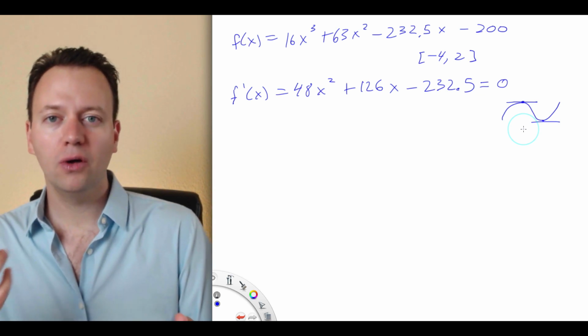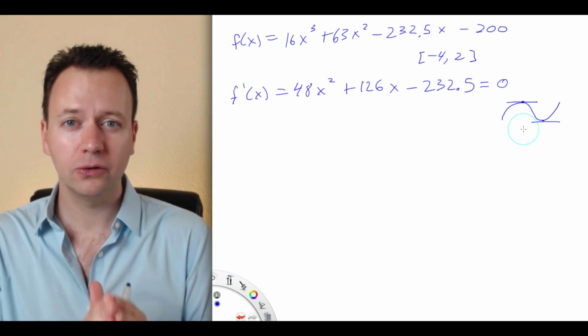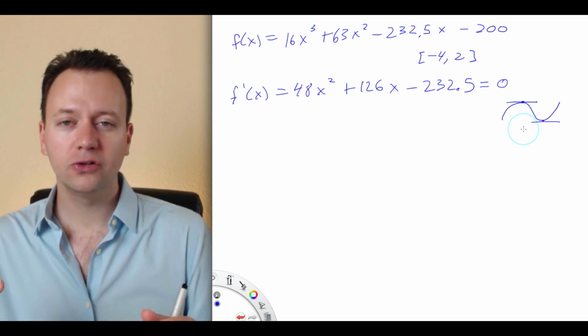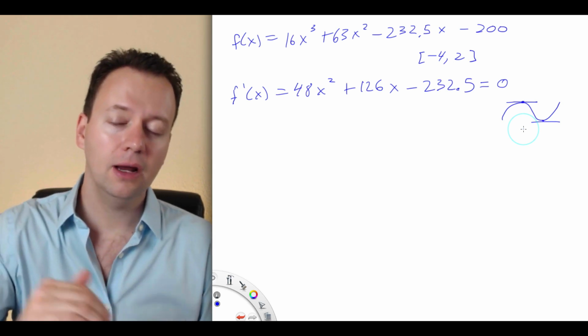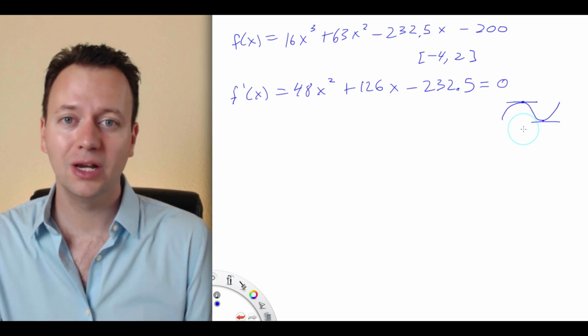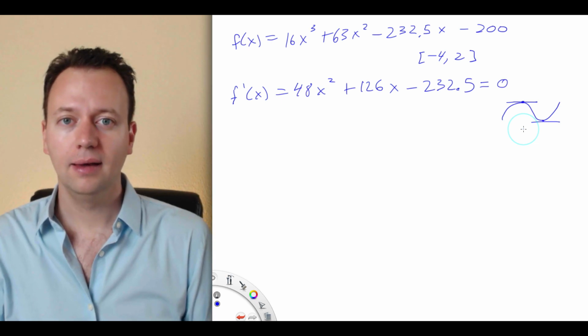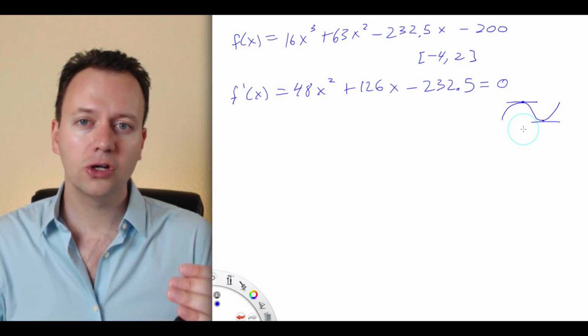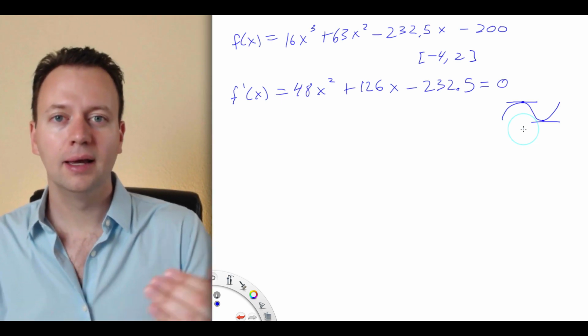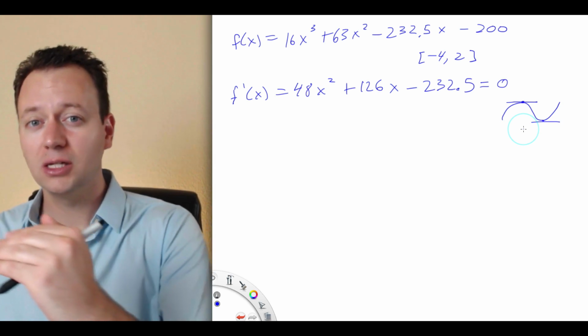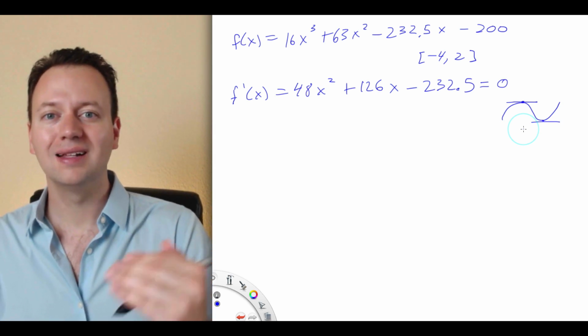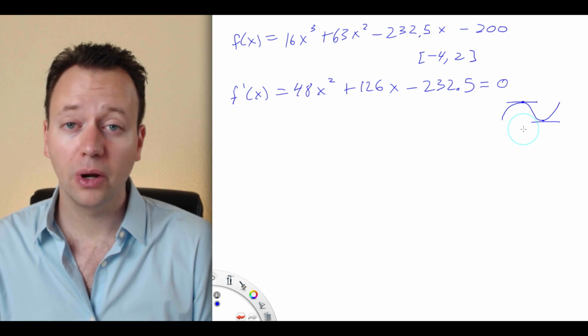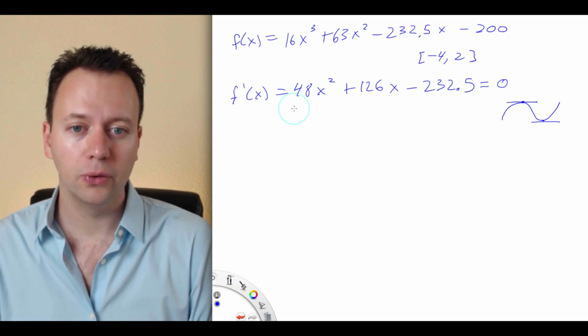So when the derivative is going from positive to negative, it's going to pass through 0. So as the function goes from increasing to decreasing, the derivative is passing through 0 right at the peak of that. And then similarly, when the function goes from decreasing to increasing, the derivative is going from negative transitioning into positive, so again it's passing through 0. So that's why we look for the zeros of the derivative.